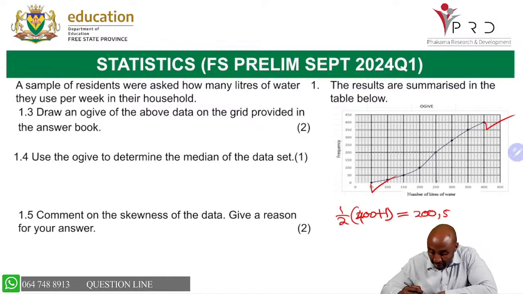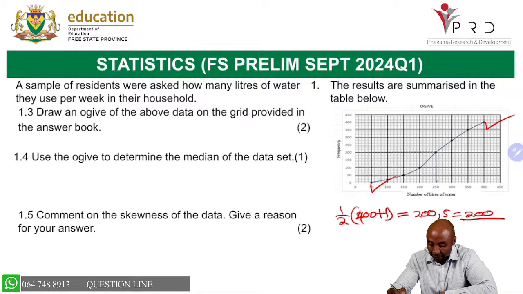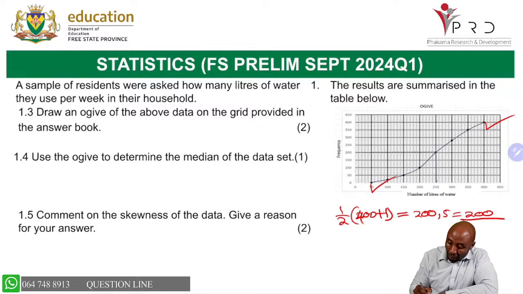But if you look at our graph, we have to round this down to a reasonable number, so it is the same. Whether I use 200 or 200,5, it should give me the value of our median. So you will go on the frequency side, you use a ruler.